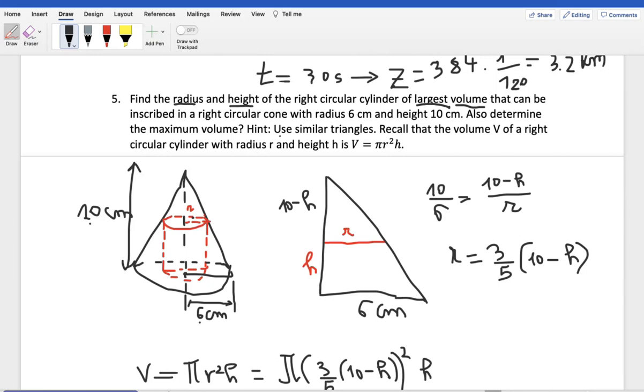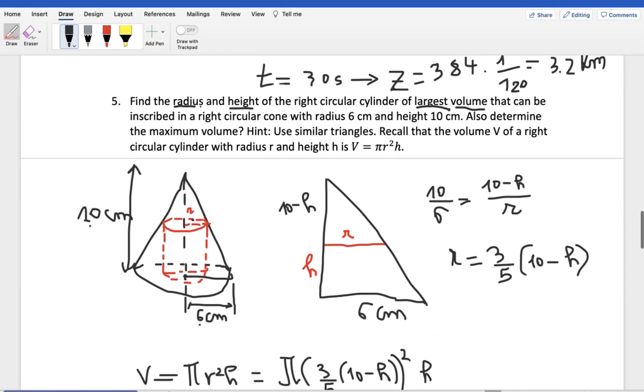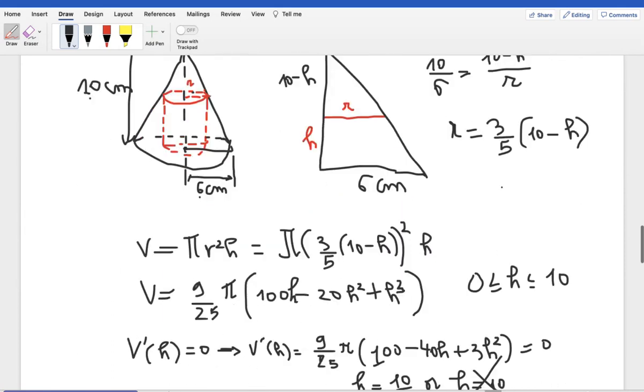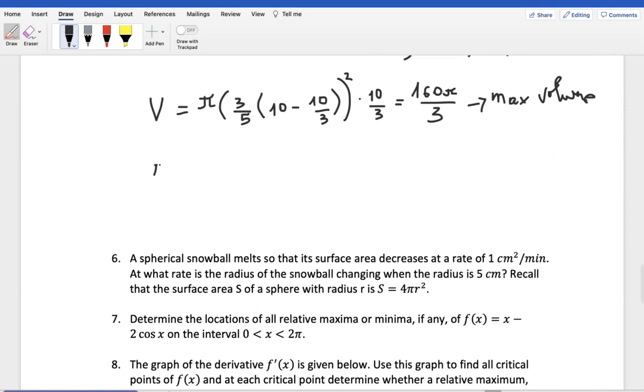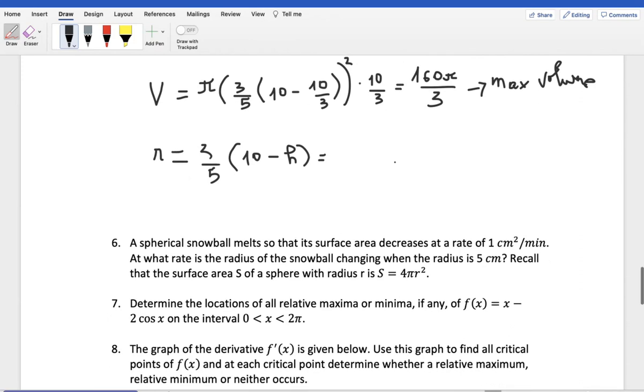We've already found the height, it's 10/3. Now we need to find the radius, but we have the relationship between the radius and the height. We have that r is equal to 3/5 multiplied by 10 minus h. We already know that the maximum height is 10/3.